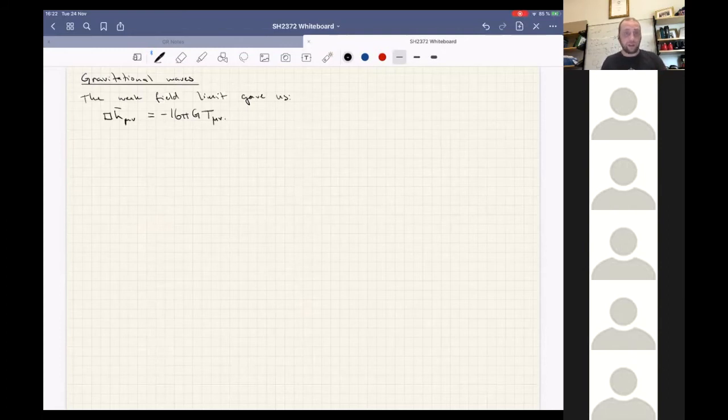So this is a wave equation. Now, what we're going to look at this hour is plane wave solutions in vacuum. Much like you can look at electromagnetic plane waves in vacuum, you can look at plane wave solutions in vacuum for gravitational waves.